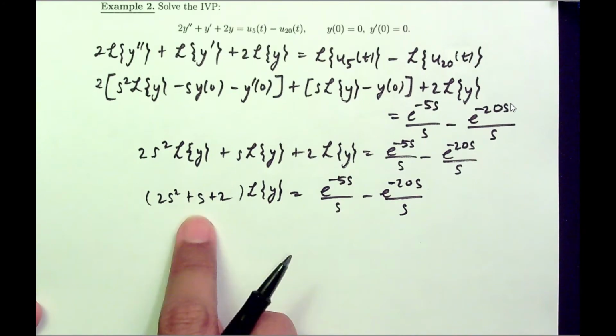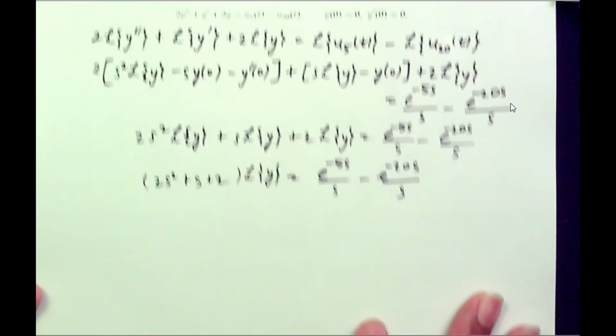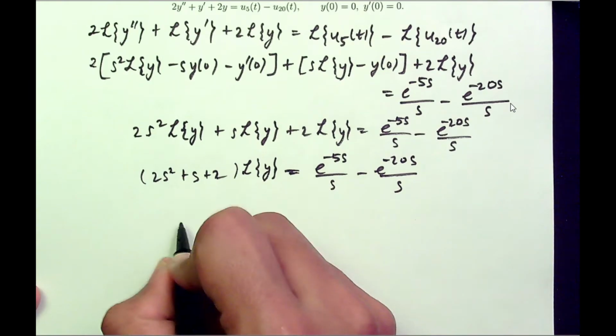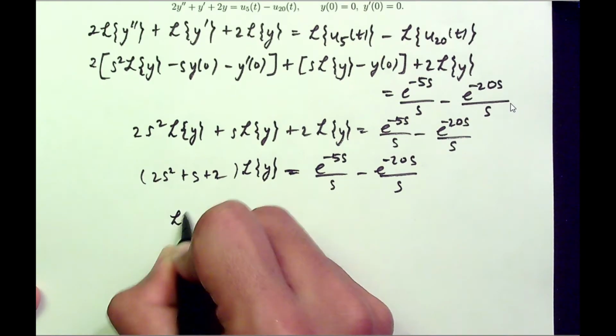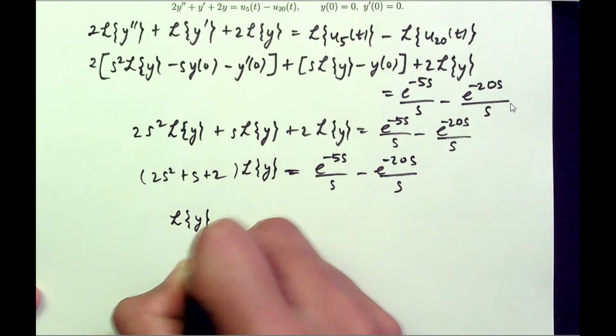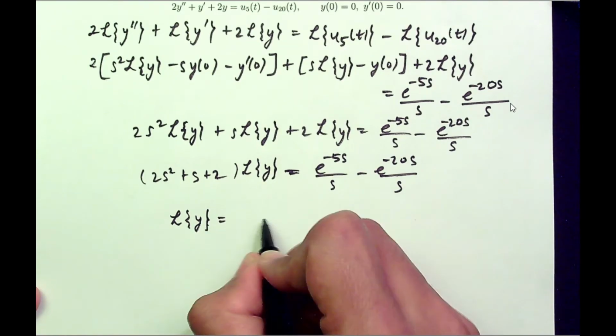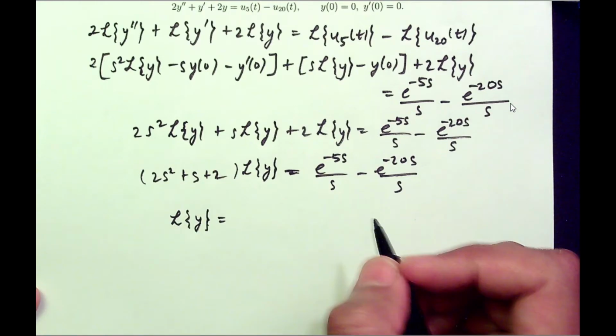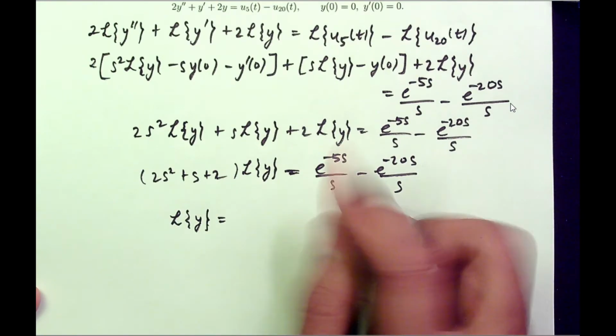And now divide by this, and we will get the formula for the Laplace transform of the function we're looking for. So the Laplace transform of the solution y is, just divide both sides by this, and this is what we're going to get.